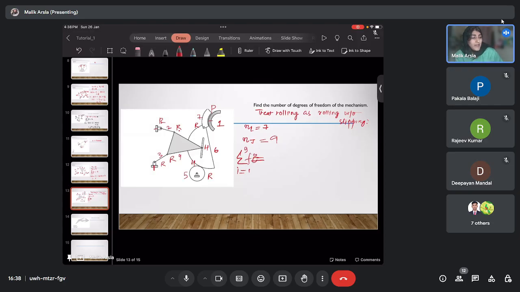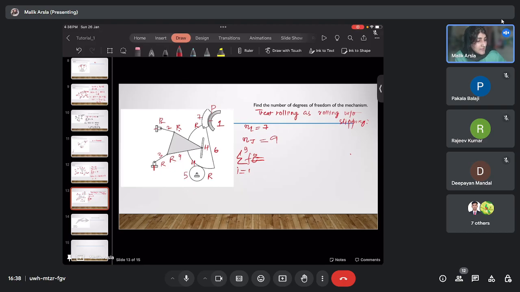So this R will have 1 degree of freedom. Then this R will have 1, this R will have 1, this R will have 1. Sorry, I wrote it as R. Okay, let me make it like this.